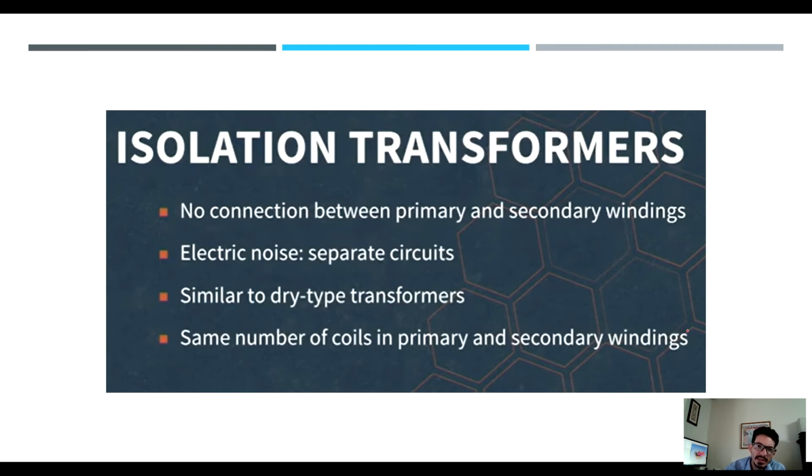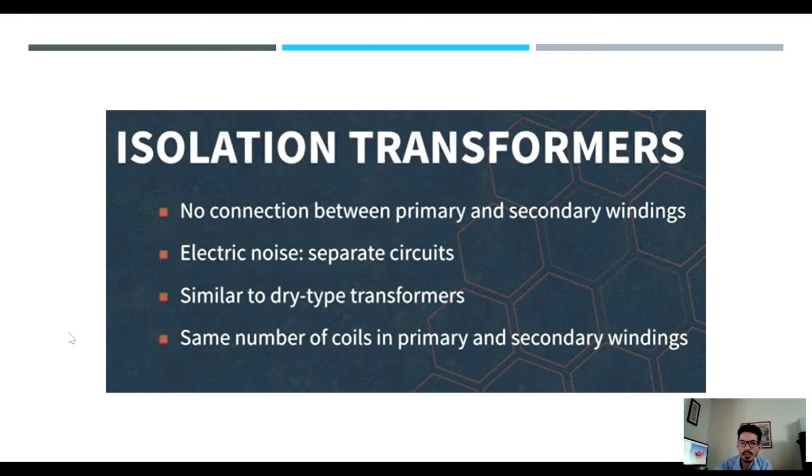They usually have some type of electrical noise, so you can hear them working, because of their frequencies and their parts, and they require separate circuits. They're similar to dry type transformers, and they have the same number of coils in the primary and secondary winding.